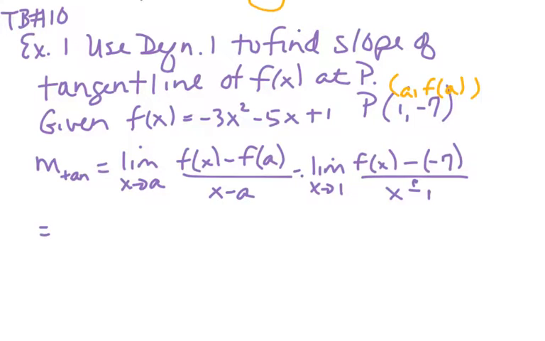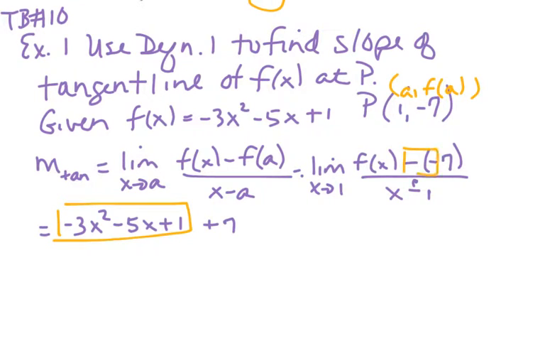This is the equivalent of minus 3x squared minus 5x plus 1, and then plus 7. So all that I did here was substitute in for f of x, and then I just resolved the sign, divided by x minus 1. And I need to take the limit as x approaches 1.